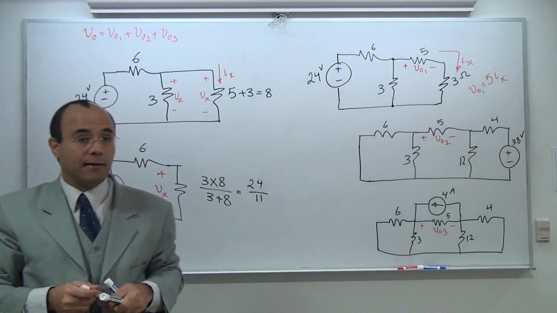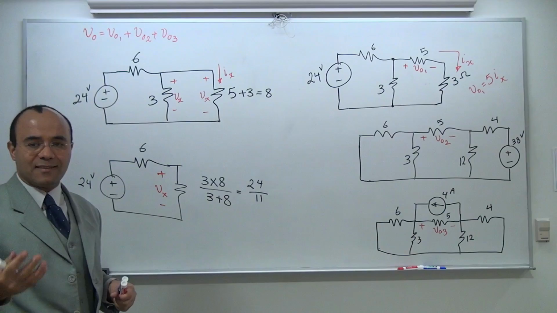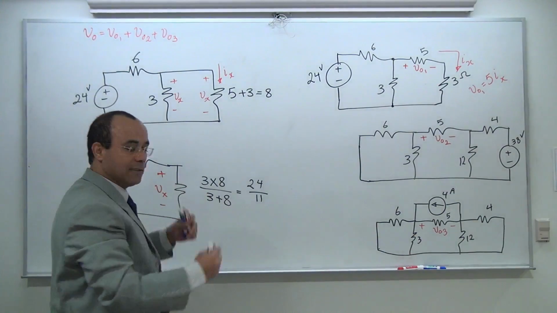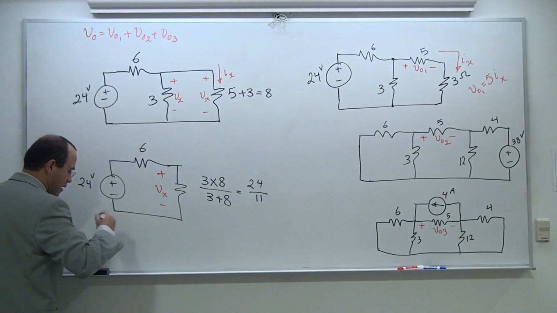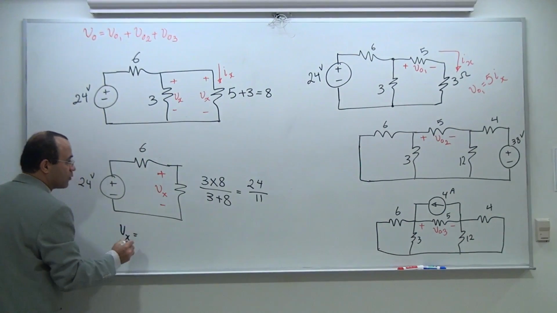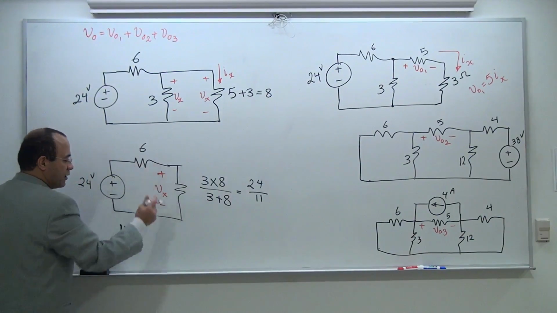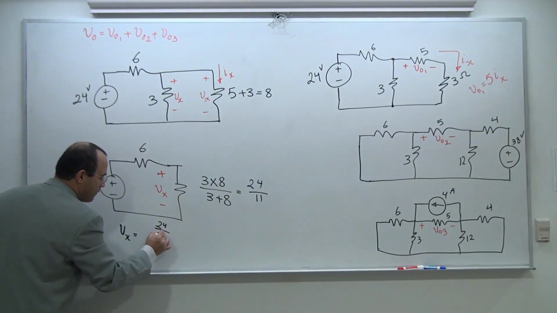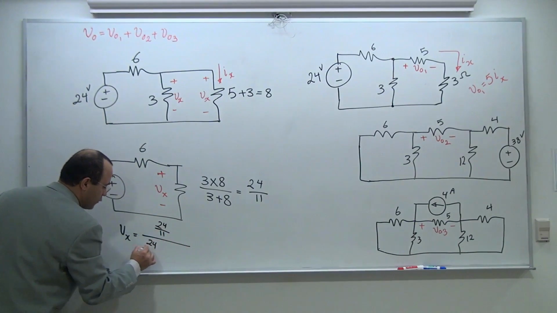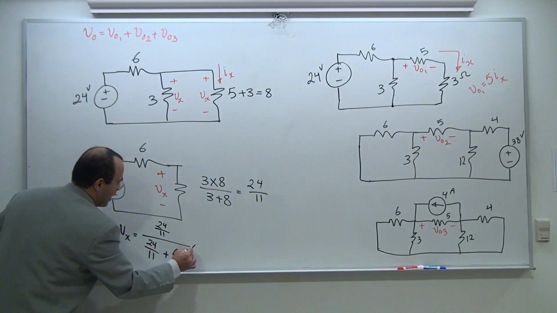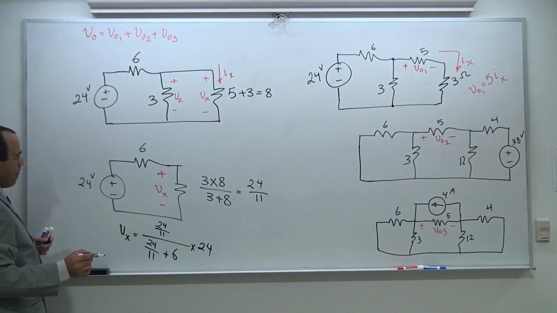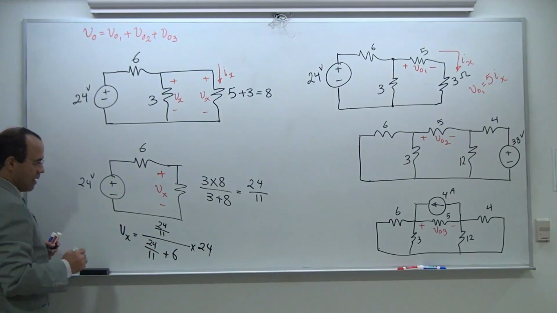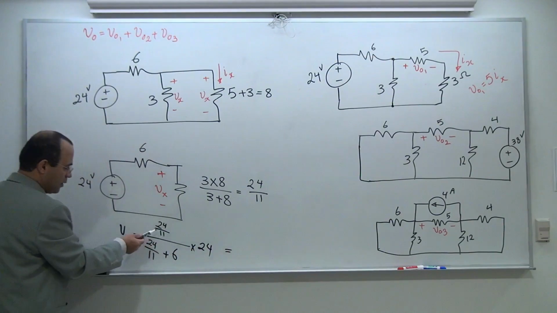It's a game plan. You need to devise that game plan and basically go ahead from a stage to a stage. Let's find Vx. Vx is equal to, I'm using the voltage divider principle, 24/11 divided by 24/11 plus 6, times 24. That's incoming voltage. And this is going to be almost 2.